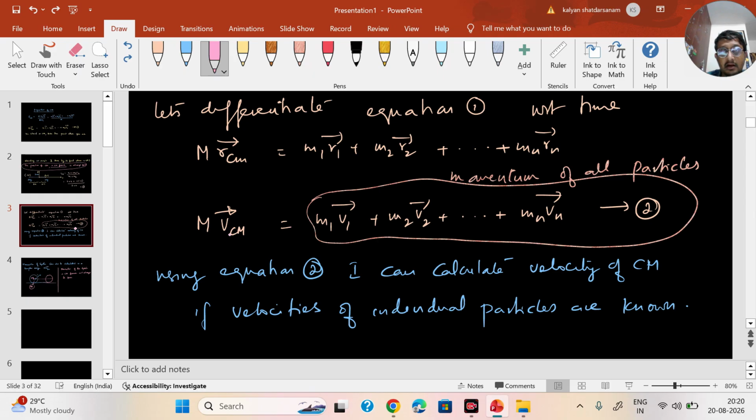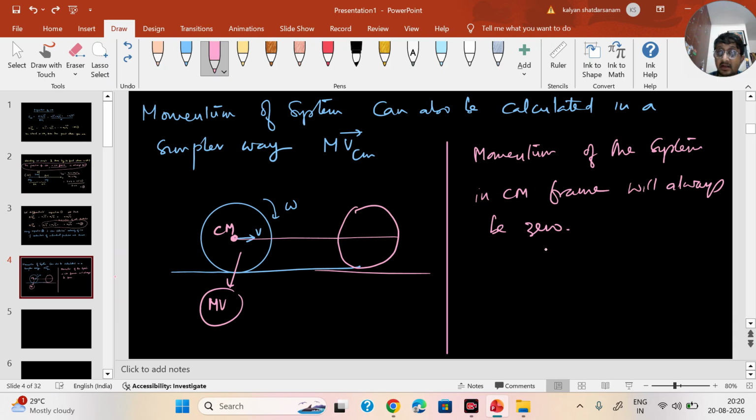If you stand on center of mass and go along with it, then velocity of center of mass in center of mass frame will be zero. You are going along with center of mass. So for you, center of mass is at rest. So in center of mass frame, velocity of center of mass is zero. I write like this: velocity of center of mass with respect to center of mass, or in center of mass frame, is zero. So momentum also will be zero.